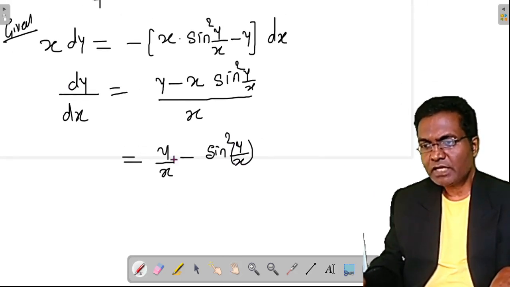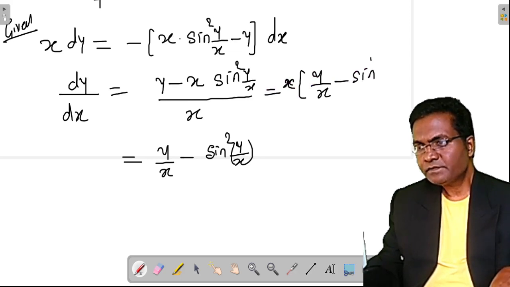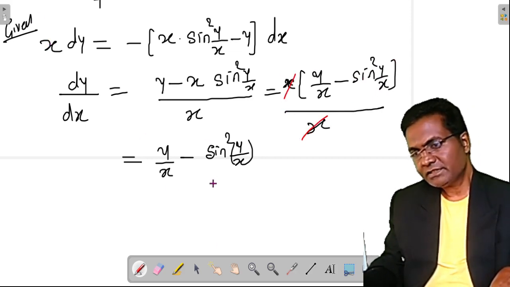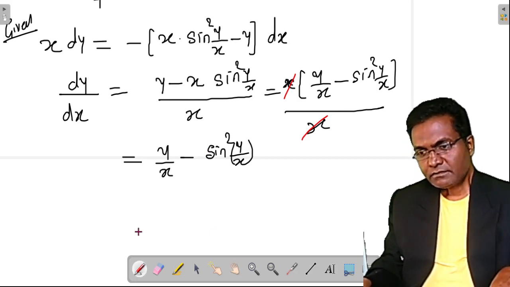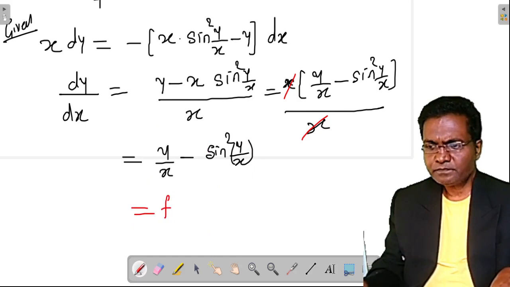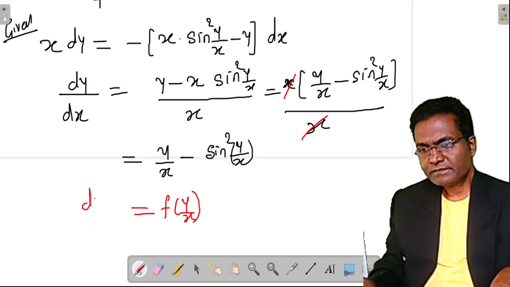If you take x common in the numerator, what will you get? y by x minus sine square y by x whole divided by x. So this x cancels and you got this. This is nothing but of the form f of y by x.